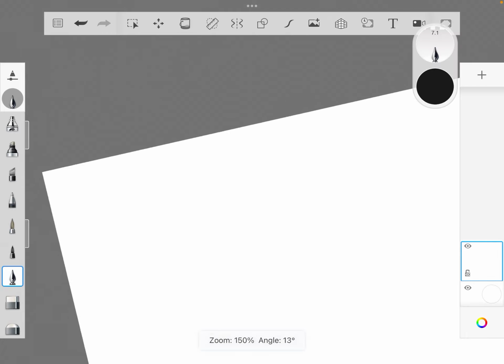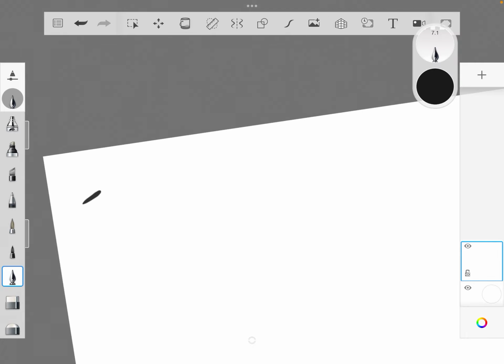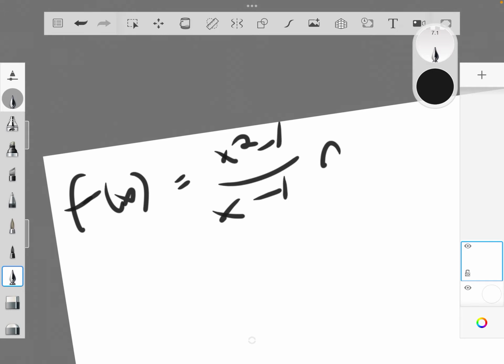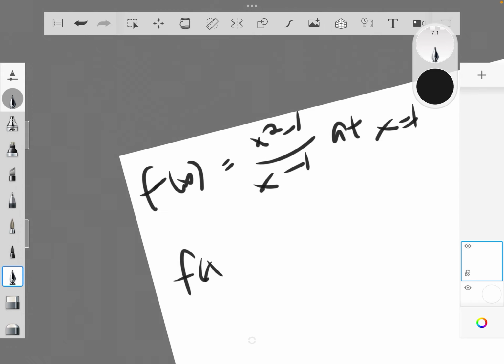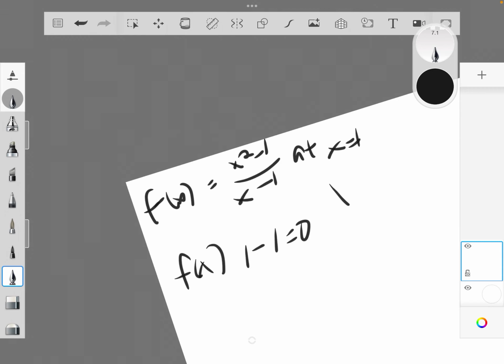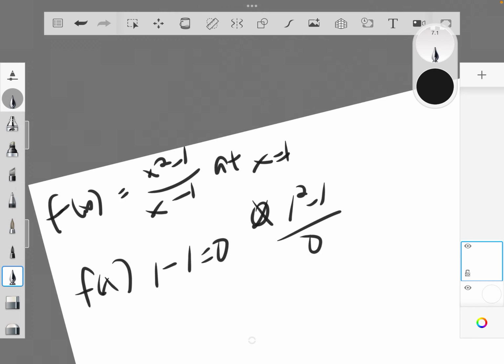Okay, you understand? Let's say f of x is equal to x squared minus 1 over x minus 1. For the normal f of x at x equals 1, we cannot do it, because 1 minus 1 is 0, so it will be 1 squared minus 1 over 0. If it's over 0, then this does not exist.